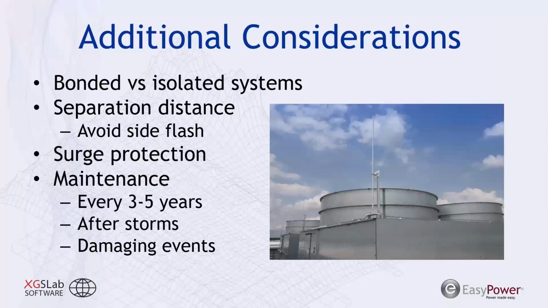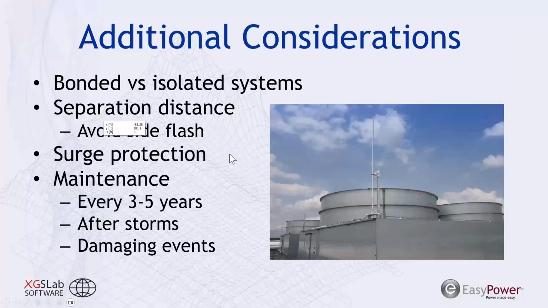So you may have a lightning protection system that is bonded to all the other metallic components of your structure, or you may have one that's isolated. This would be really important in areas where you have combustibles or explosives. You would want to have an isolated system to make sure that you maintain separation. There's no sparks in an area that could cause a significantly worse hazard.